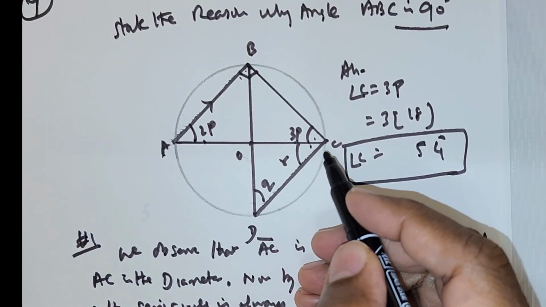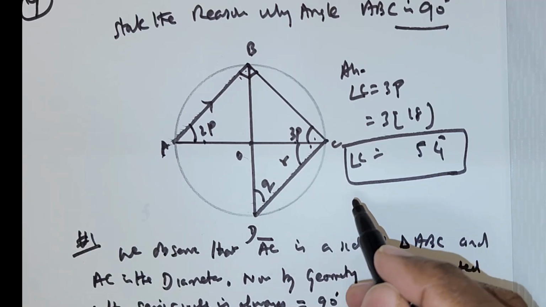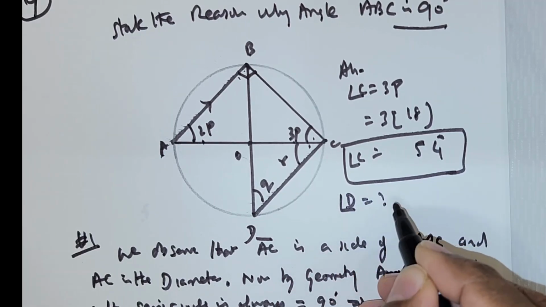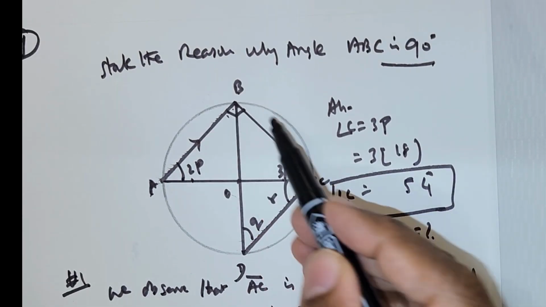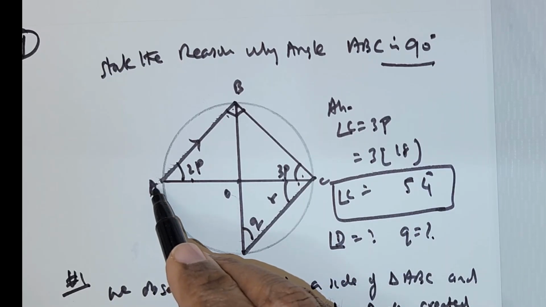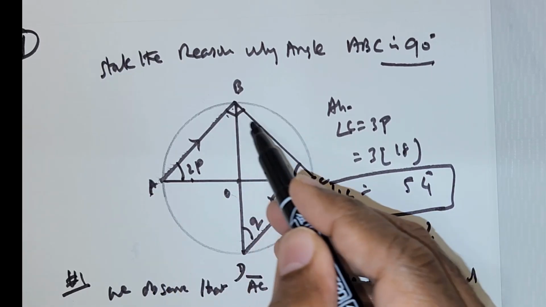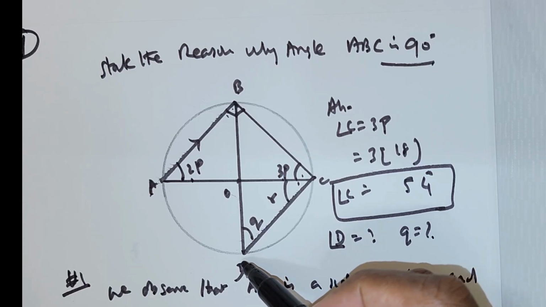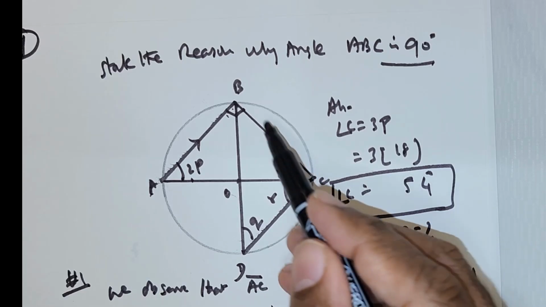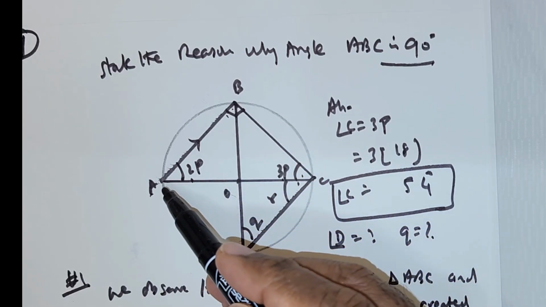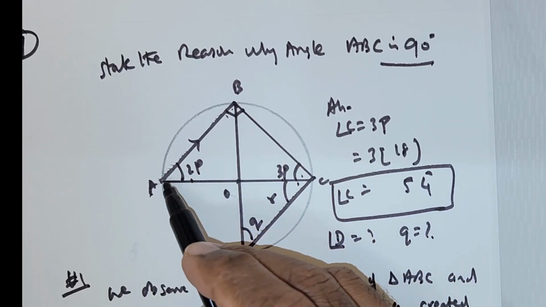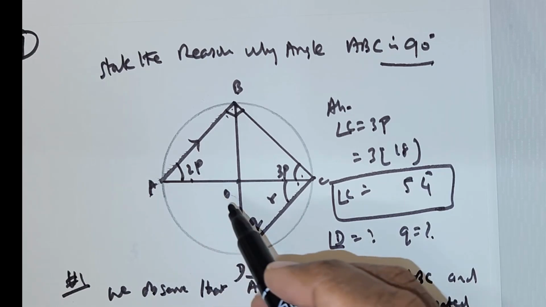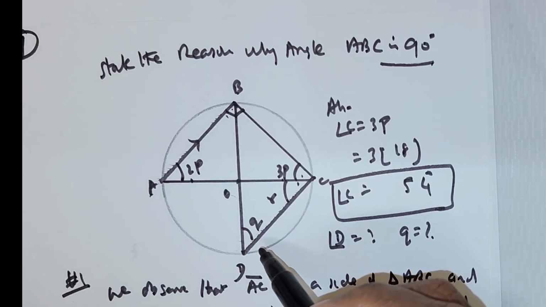Okay, we are asked to find the angle D now. Okay, or what is angle Q? Now just observe here, this chord BC subtends the angle at A. Now the same chord is responsible in subtending the angle at D. Now by angle chord theorem, if the chord is responsible in subtending multiple angles, then that chord which creates that angle will create angles which are one and the same.